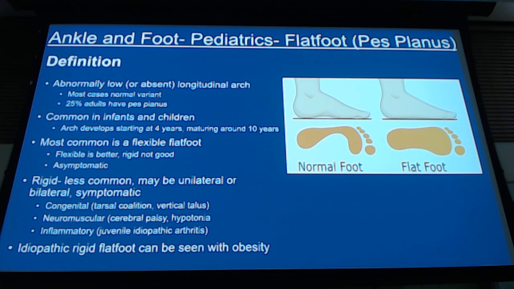Could be idiopathic, which means it's just a normal variant based on that patient's genetics and how that patient grew up. Or you could have things like a tarsal coalition, or what we call a vertical talus, in which the talus is rotated 90 degrees or some variant up. Could be neuromuscular, muscular, or just some inflammatory condition.